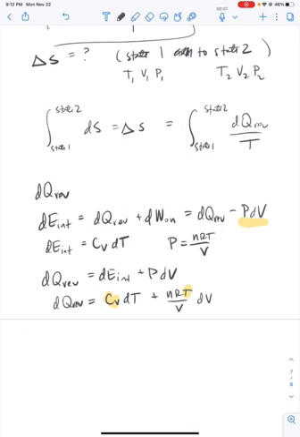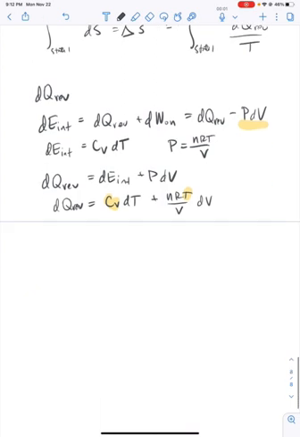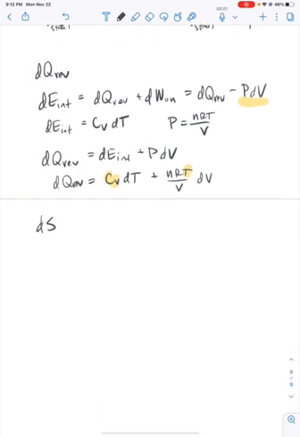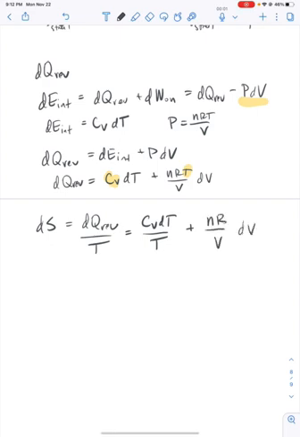However, what we're actually trying to do is plug this into our expression for dS, which remember is dq reversible over T. So once we do that, we will find that we have CV dT over T plus nR over V dV. So luckily that T canceled out, and now this looks like something that we can actually integrate, okay?